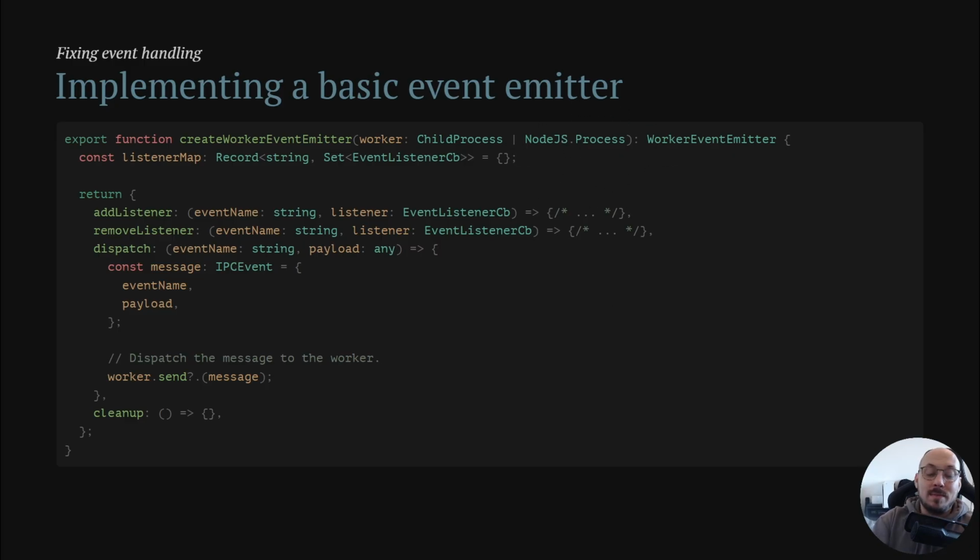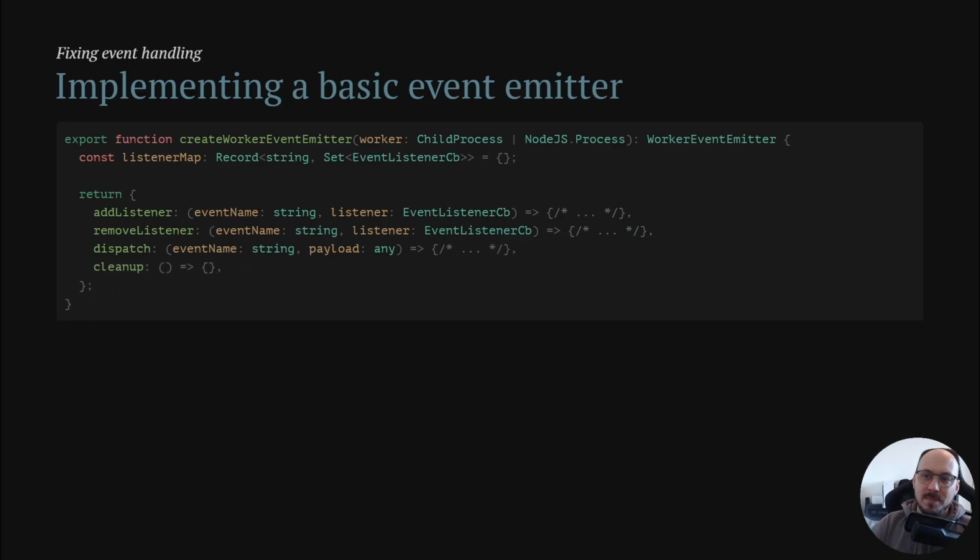We added both child process and Node.js process, so we can use this same exact API across all of our different processes. We can have it in the main process and in the child process, the exact same API and fundamental framework. Like I mentioned earlier, on the Node.js process instance, send is only there if it's a child process. That's why that's there.